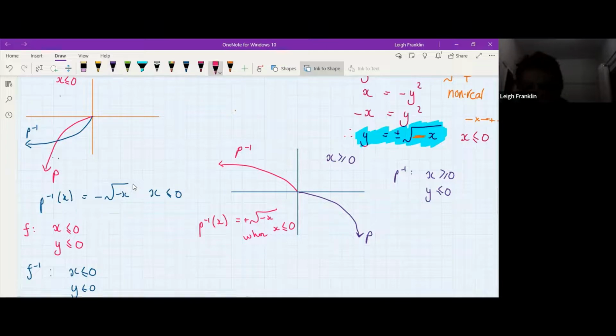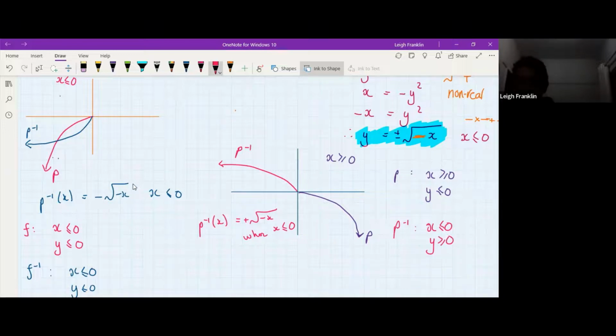And for our inverse, for our original, x is greater than or equal to 0, y is smaller than or equal to 0, and now for our inverse, we have got where x is smaller than or equal to 0, and where y is greater than or equal to 0.